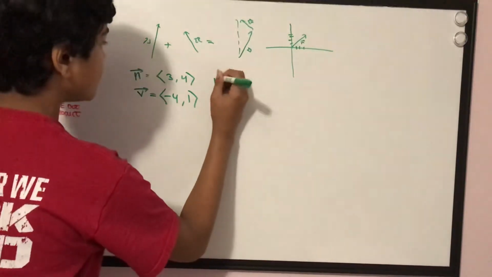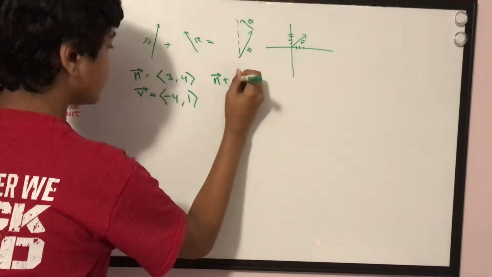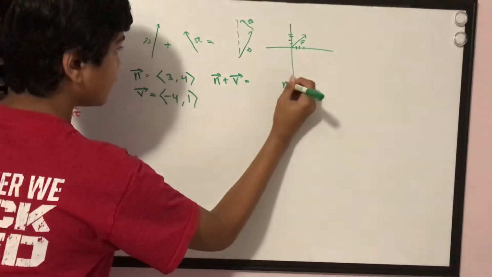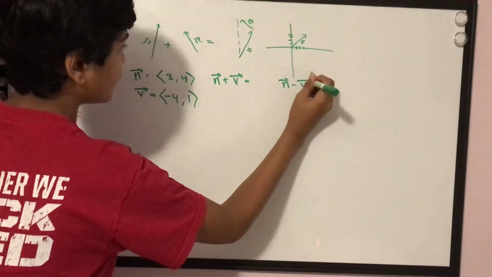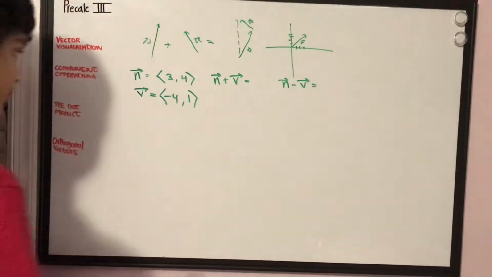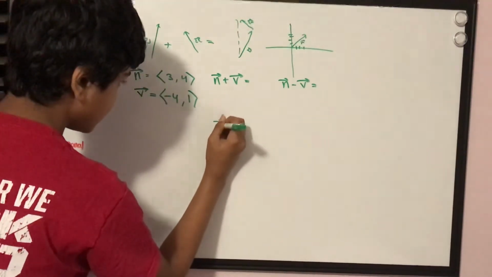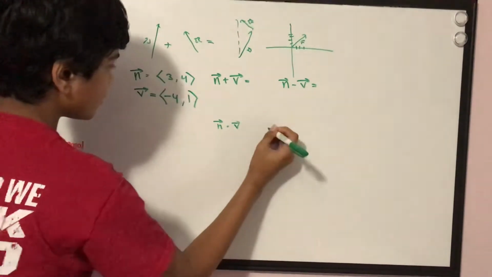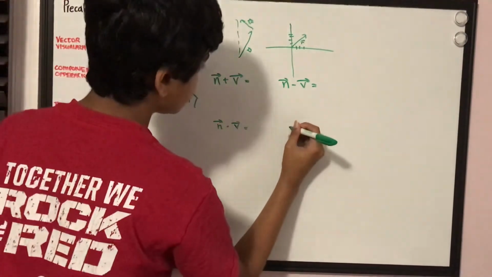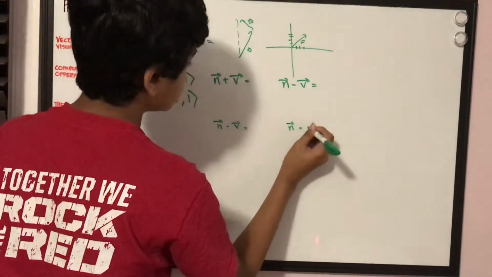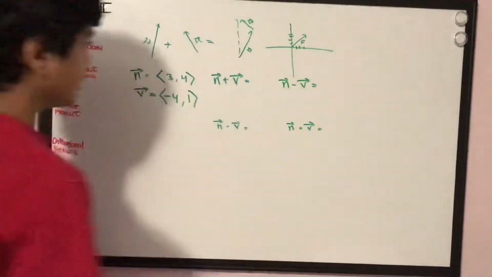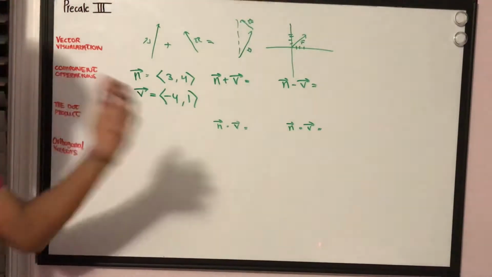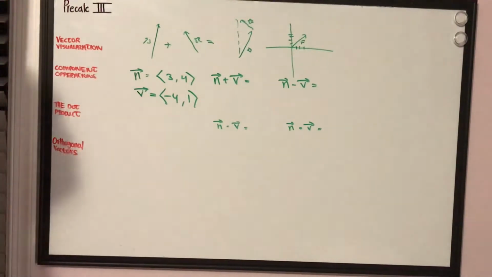Let's do n plus v, vector n minus vector v, vector n multiplied by vector v, and also vector n dot vector v, which is the dot product, which we'll learn about when we get to it. But first, let's talk about addition of vectors.